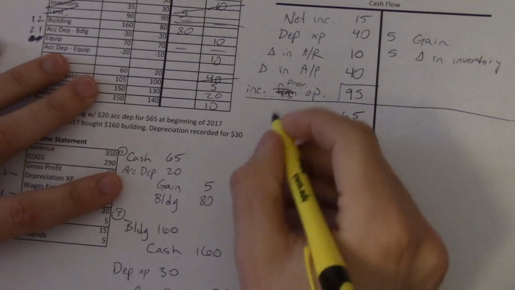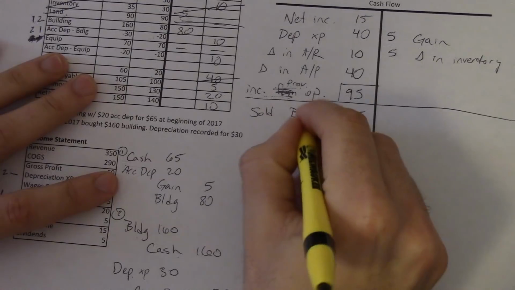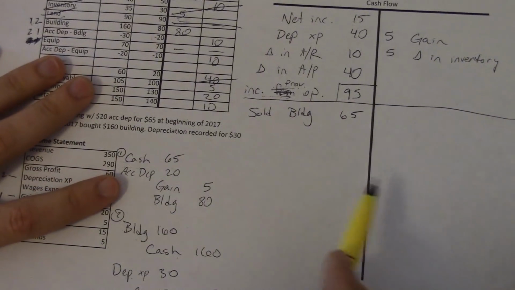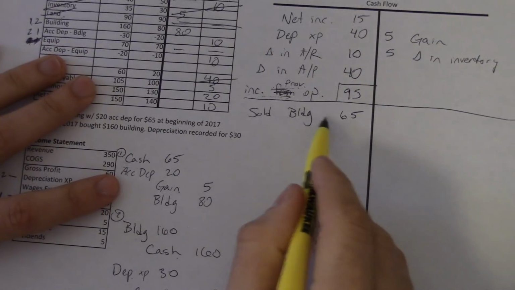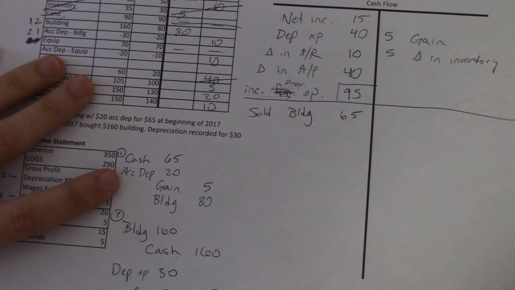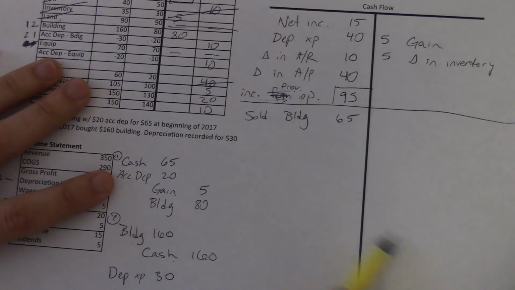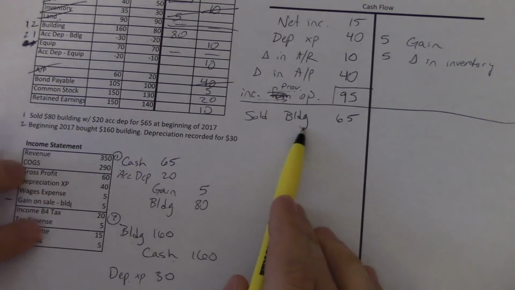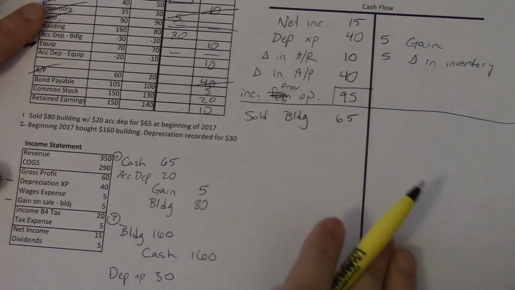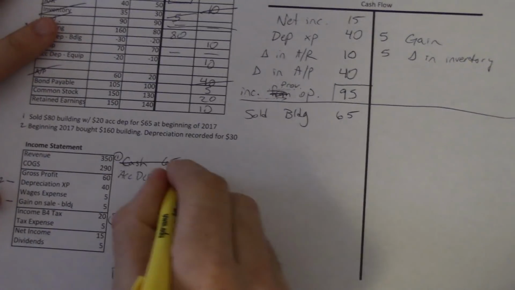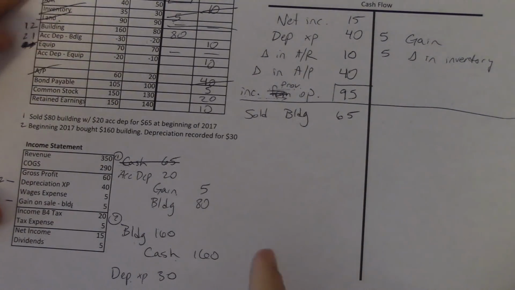And our title will be sold a building. We can no longer just say change in building. We have to be a little bit more specific in our investing section and in our financing section. So we have to literally say what we did. So in this case, we sold a building. That's our title. So we can cross cash off because we've already dealt with it.